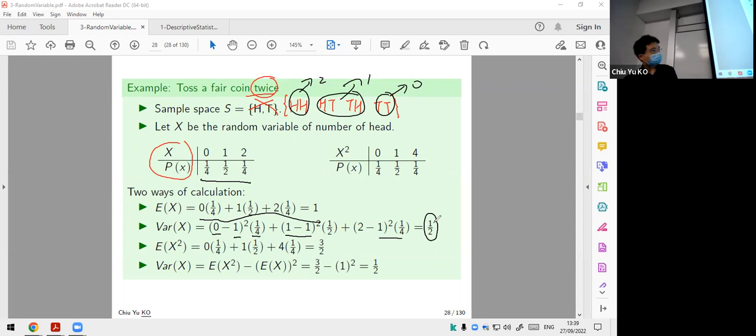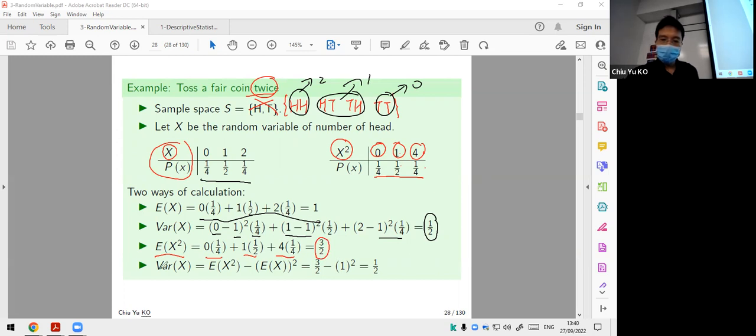This example tries to illustrate the idea that you can calculate in an alternative way. Instead of x, you calculate x squared, which leads to 0, 1, and 4. Once you have that, you can calculate the expected x squared the same way: this multiplied by this, plus this multiplied by this, and this multiplied by this. You get 3/2.